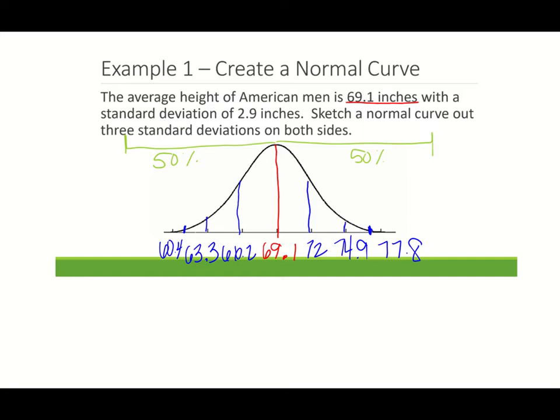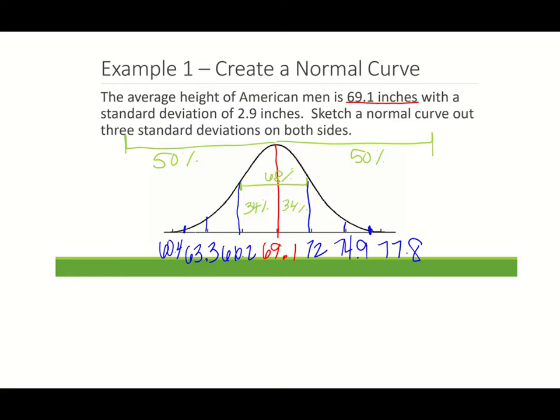It also means that 68% of men are going to fall between 66.2 inches and 72 inches. And 34% will fall here, and 34% will fall here.